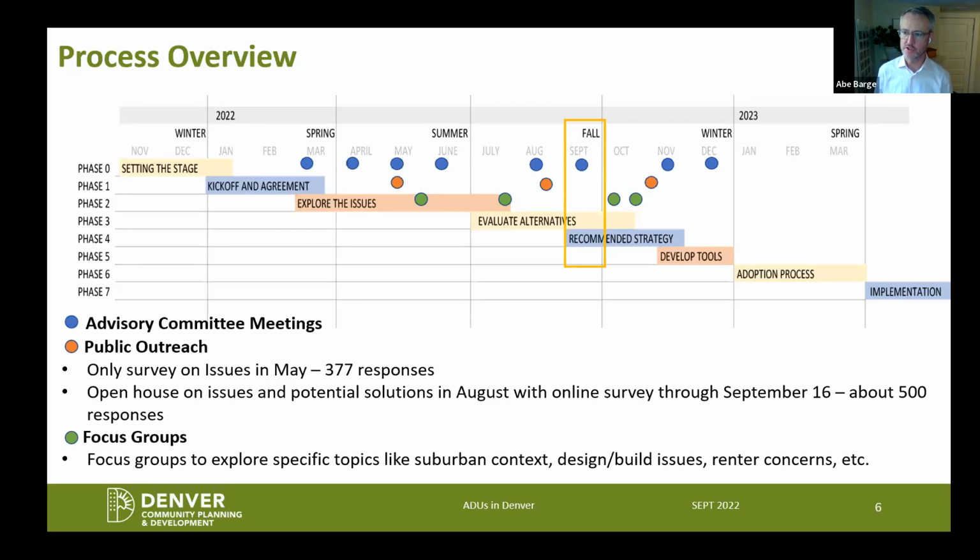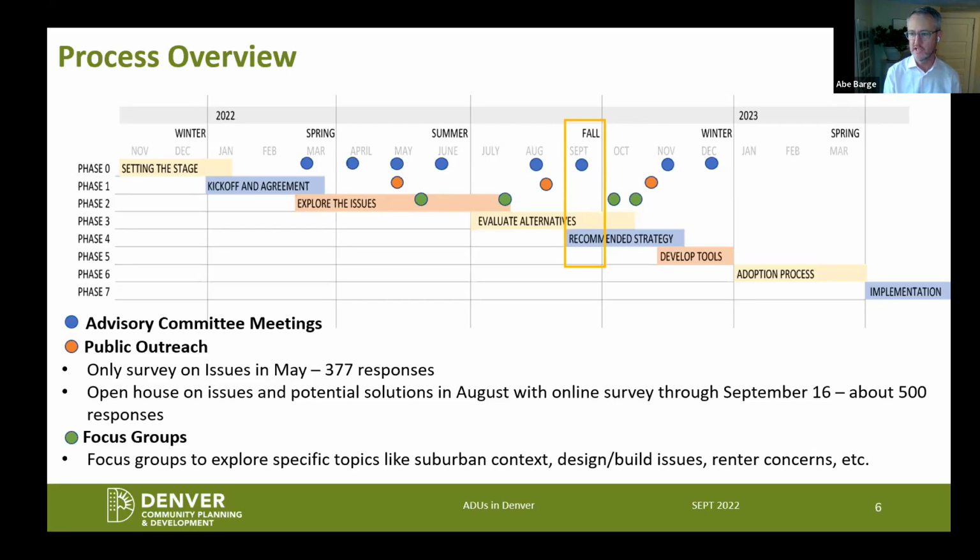As you can see, the little square indicates where we're intended to be in the process, somewhere between evaluating the alternatives and recommending a strategy. We want to make a little more time here based on what we're hearing, so we're not going to be ready to say here's the recommended strategy until November, and are going to keep talking about the alternatives until then.